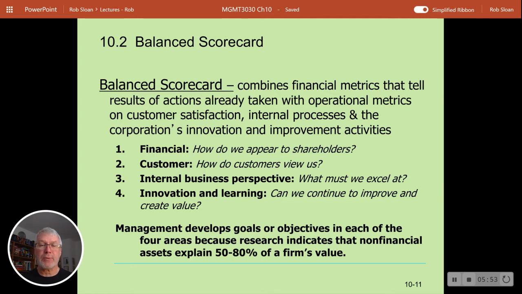Can we continue to improve and create value? So management develops goals or objectives in each of the four areas. And it's important because we found through studies that non-financial assets explain 50 to 80% of a firm's value.